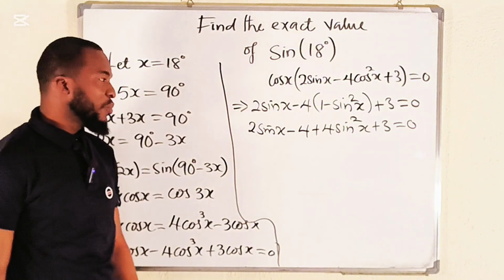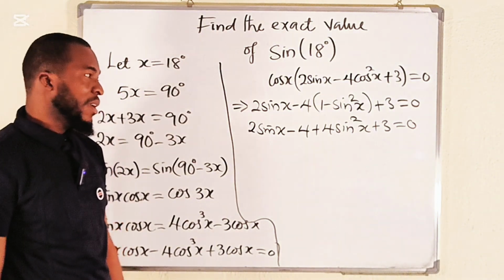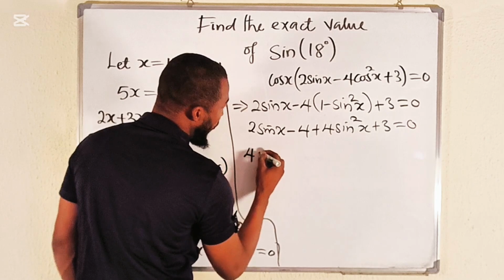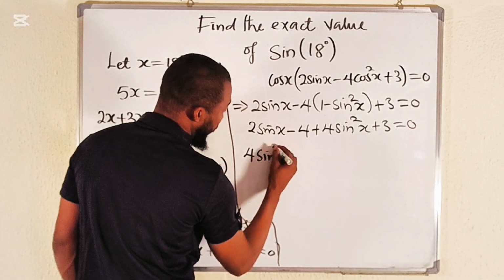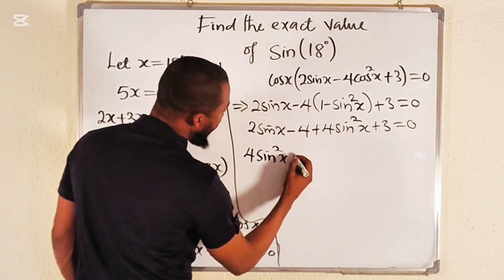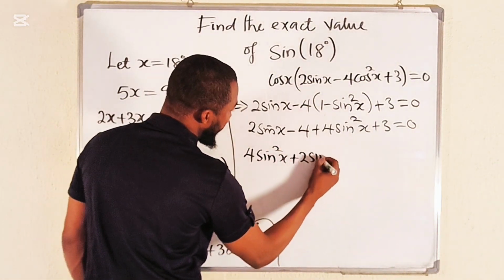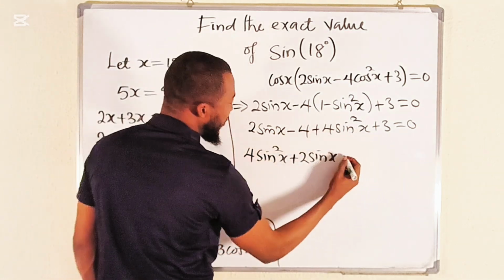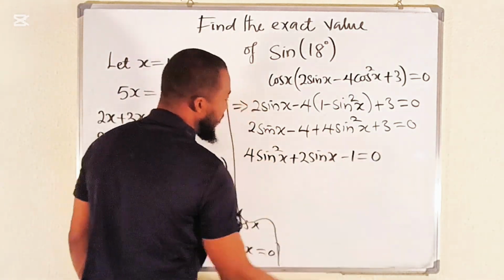This is a quadratic equation in terms of sine x. Let us rearrange it starting with the leading term, which is 4 sine squared x. Then we have plus 2 sine x. Then the constants, minus 4 plus 3 is minus 1. This is equal to 0.